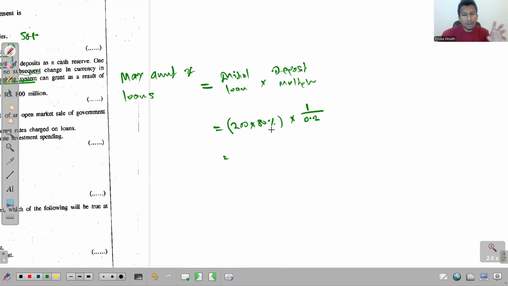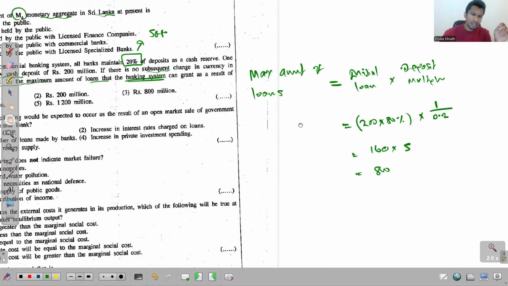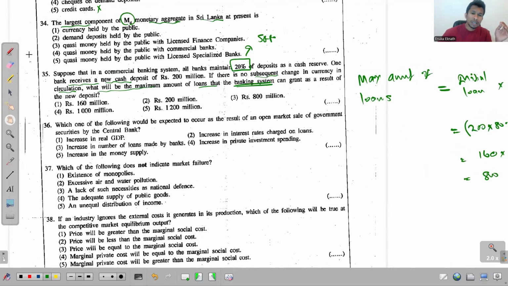So 200 into 80% will be 160, and 1 over 0.2 will be just 5. So 160 into 5 will be just 800. Right, that is 800. So the maximum amount of loans that the banking system can grant is 800 million. Answer is the third one for this question 35.